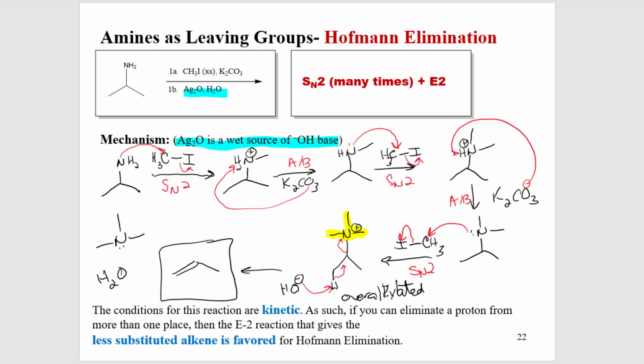Now, these conditions are actually run kinetically, so they tend to run at a low temperature. And when you're eliminating, you're always going to be following an E2 reaction. Under low temperature conditions and the conditions of the silver oxide, you actually favor the less substituted alkene. This is called the Hofmann elimination, and you favor the Hofmann product, which is the kinetic product.